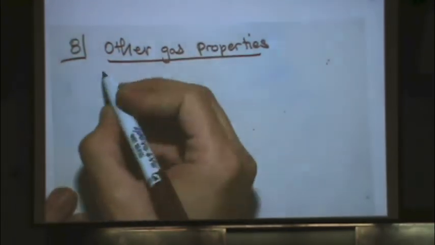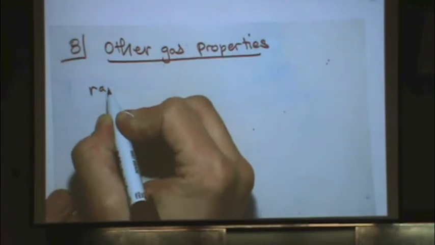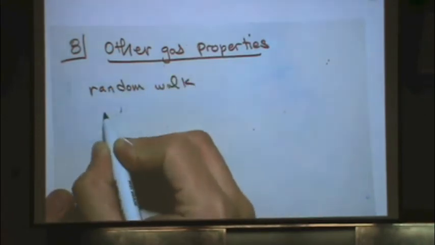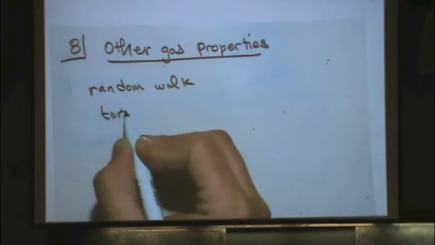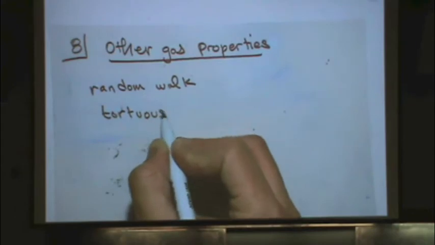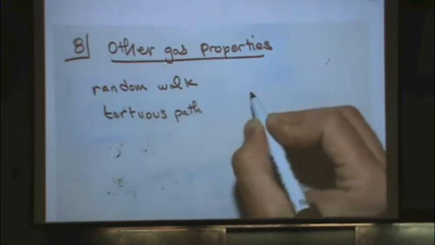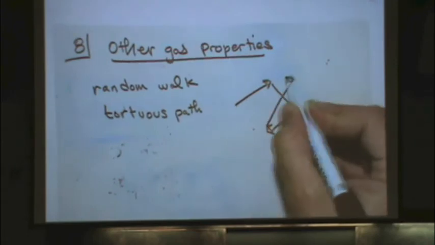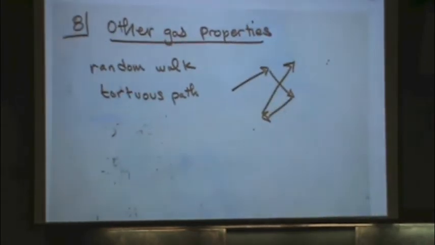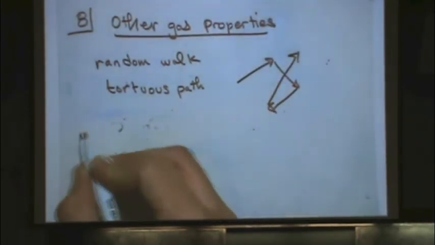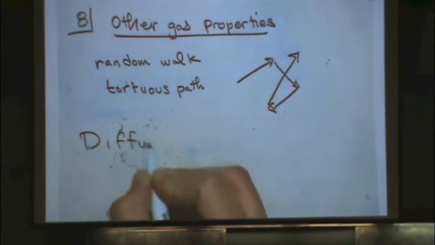Our random direction straight lines, we call that a random walk or a tortuous path. So it's bouncing off stuff, going all kinds of directions like that. Okay? Random walk, a tortuous path. And so when you have a lot of these, they'll undergo something called diffusion.